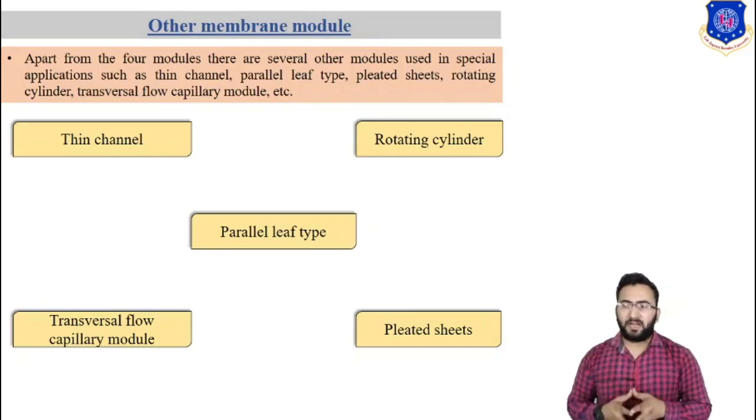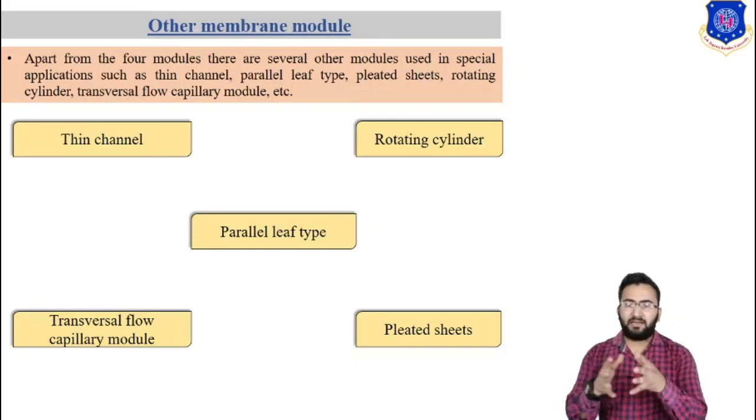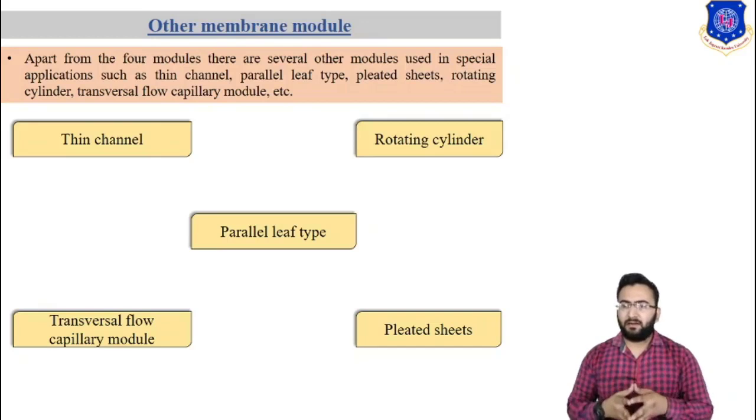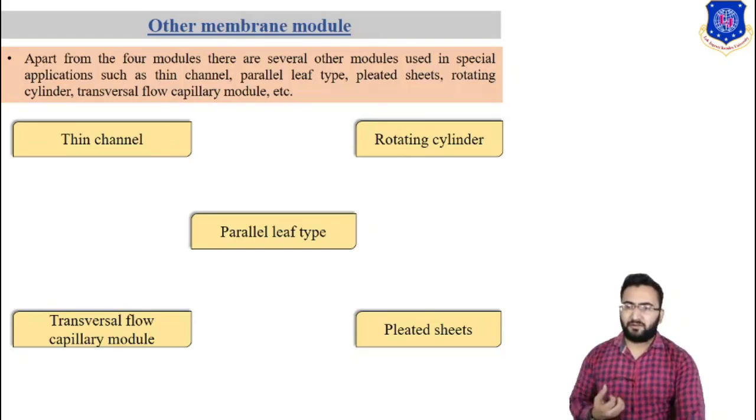In parallel leaf type, in this type of module, double sheets of membrane are sealed on three sides and the membrane envelope formed is supported on cardboard-like porous material. This style, when used for dairy application, has a stack of membrane elements that are assembled in brick-shaped groups which are then inserted into a stainless steel square. Each of these membrane cartridges has a permeate discharge connection.